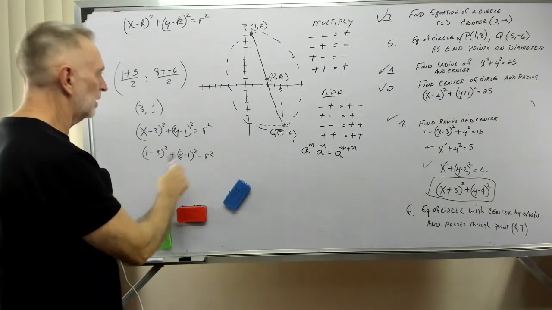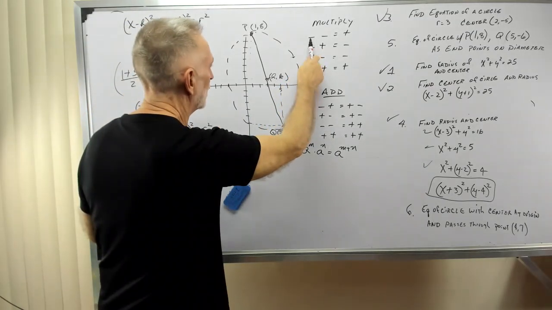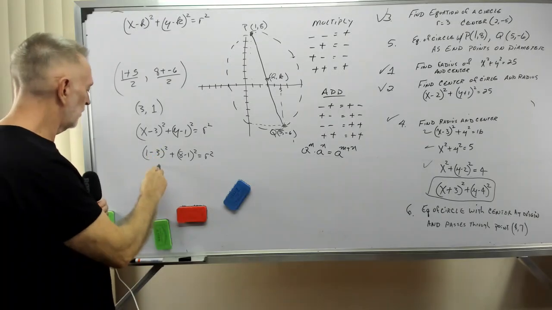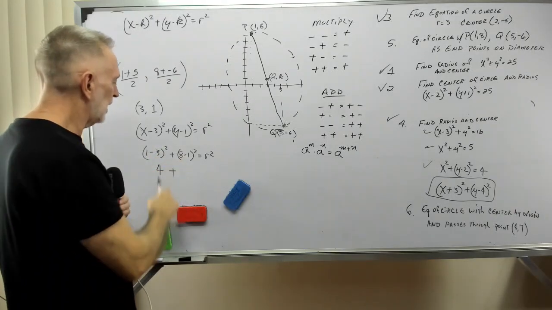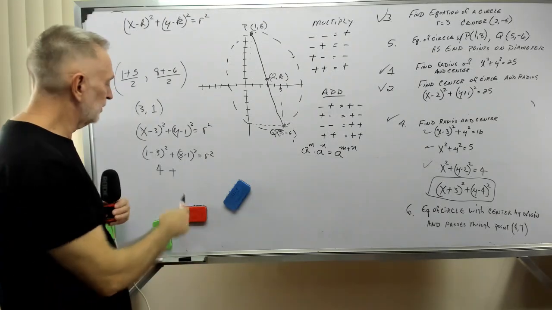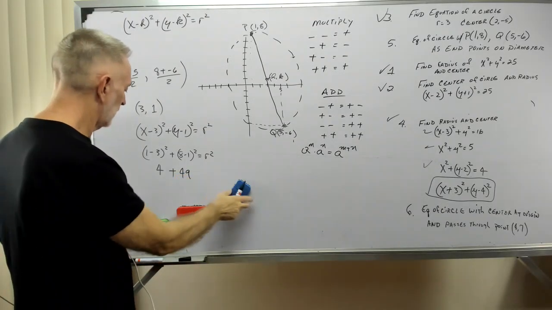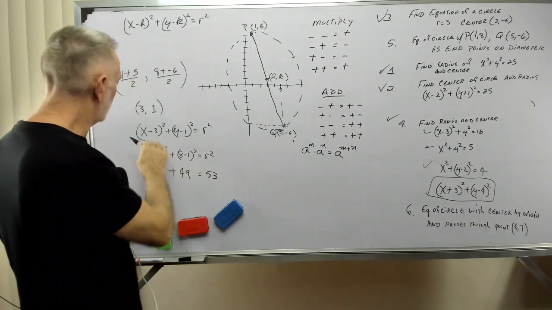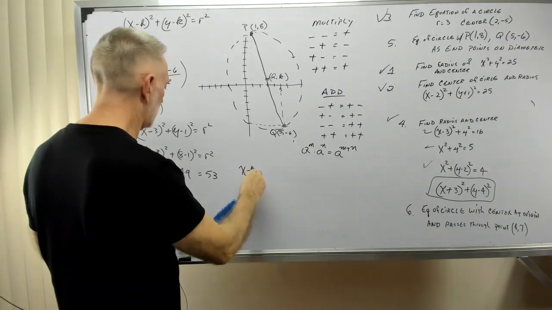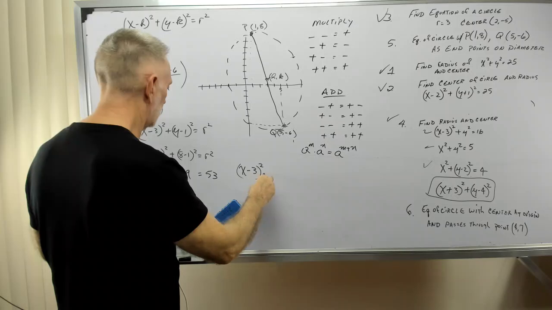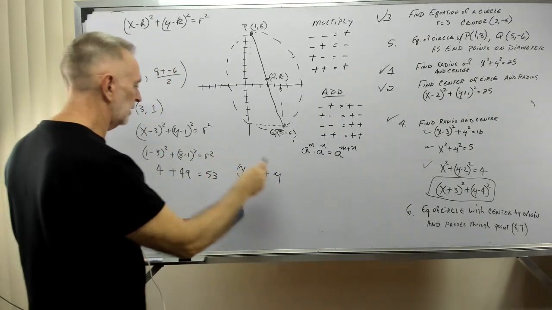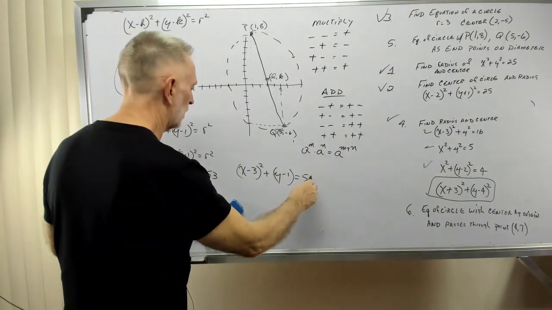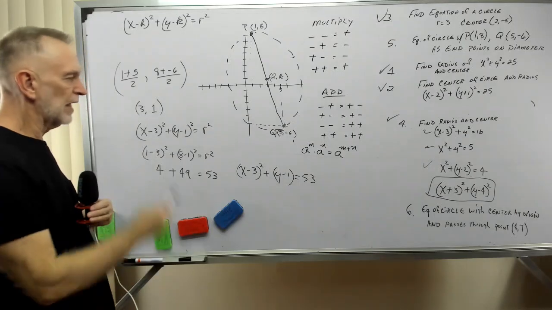Negative 2 squared is positive 4. 8 minus 1 is 7. 7 squared is 49. So this gives me 53. So now my equation of the circle is (x minus 3) squared plus (y minus 1) squared equals r squared, and r squared is 53. That would be the equation.